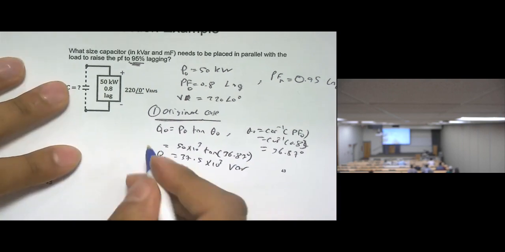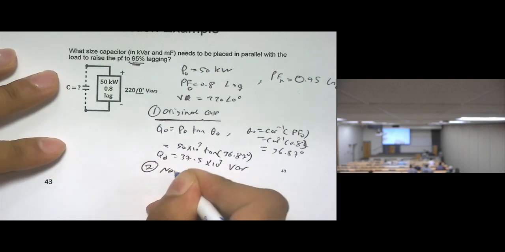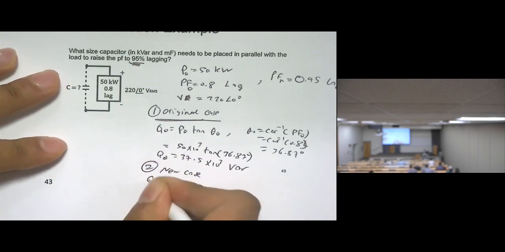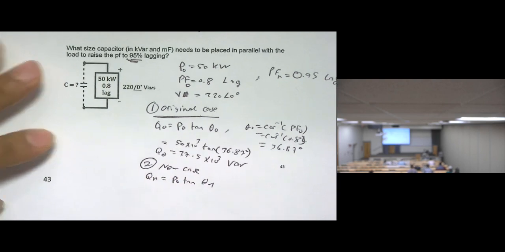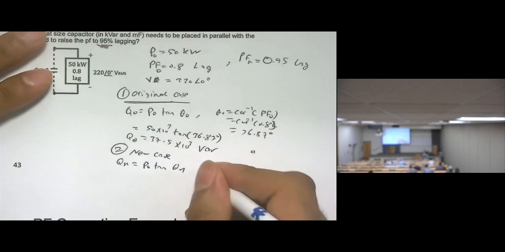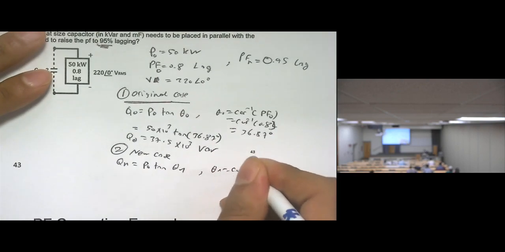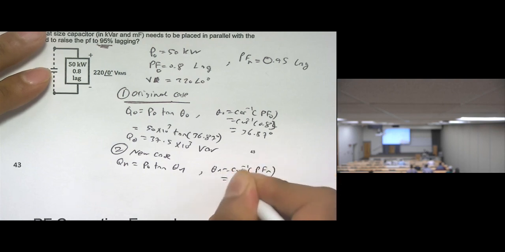Now, according to the procedure, let's calculate for the new case. So Q new equals PO times tan theta new. How can I find theta new? In the same way that I found theta original. So theta new equals cosine inverse of the new power factor, which is cosine inverse of 0.95.